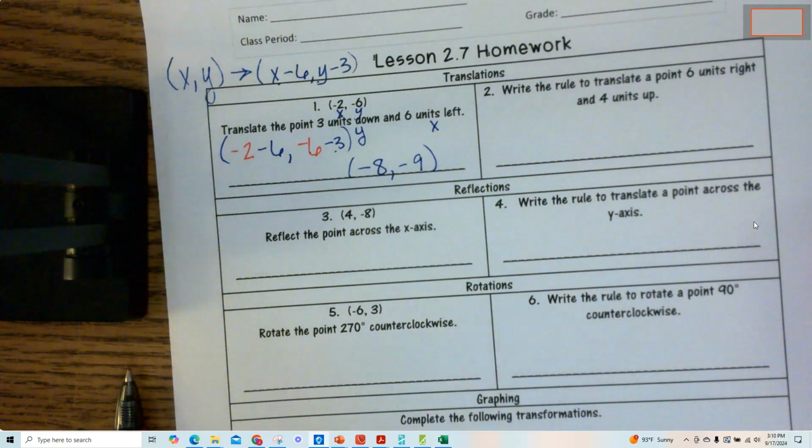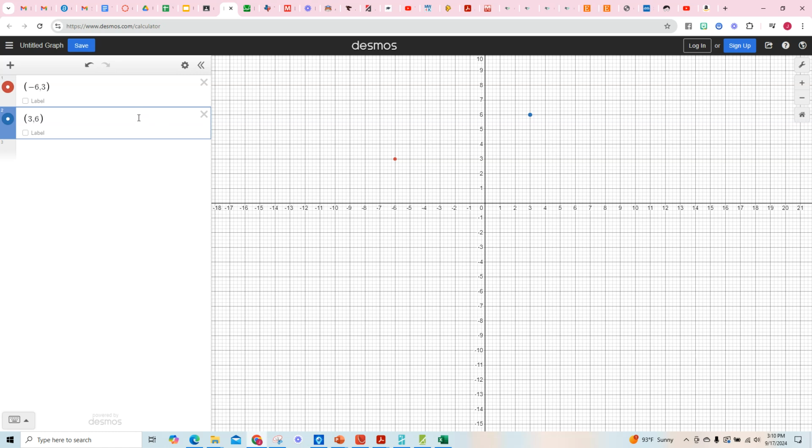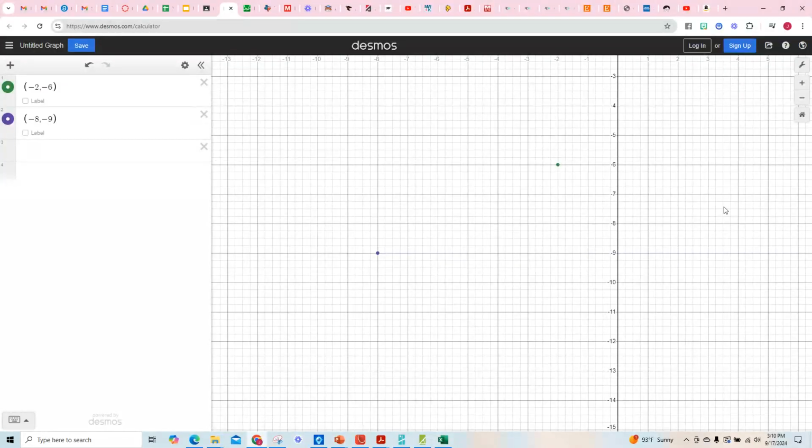6 left, 3 down. So a visual of this, and this is the graphing that you have access to on Google Classroom. So our original point, -2, -6, and our new point, -8, -9. So we can kind of zoom in here where we can see what's going on.